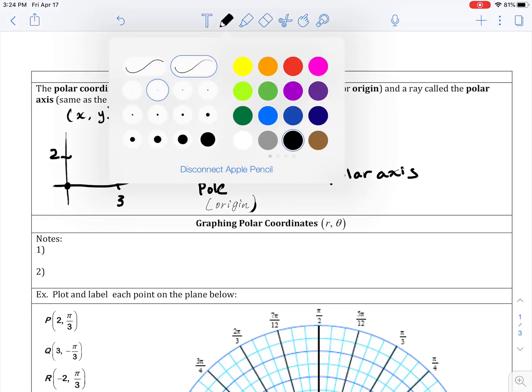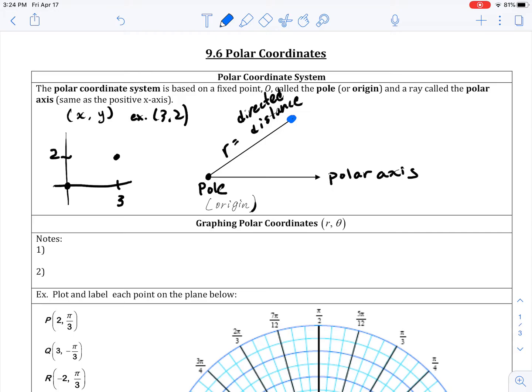And this point over here, which I'll just highlight in blue, this point right here, this is our point P. And that point P, instead of describing it in terms of its x and y values, we describe it in terms of its r, which is, again, its directed distance, and its angle theta, which is this angle here. So our point P, instead of describing it in terms of its horizontal and vertical values, we're describing it in terms of its angle from the polar axis and its directed distance from the pole.